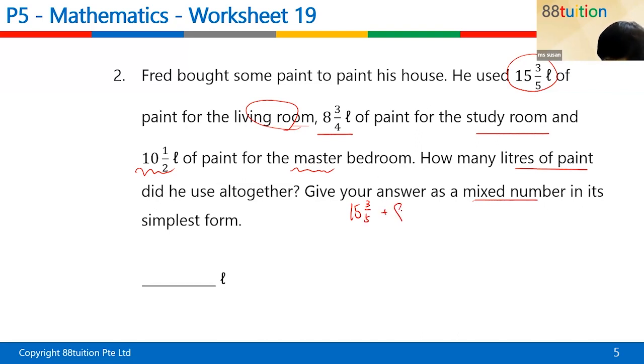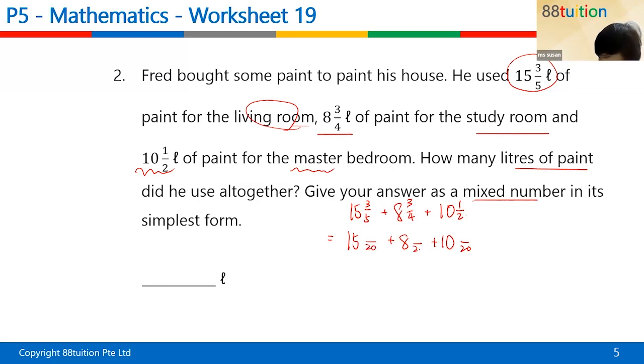You also have 8 and 3 quarters, and 10 and a half. So what I can do is to make all the denominators the same by changing all to 20, because 20 is the lowest common multiple of 5, 4, and 2.